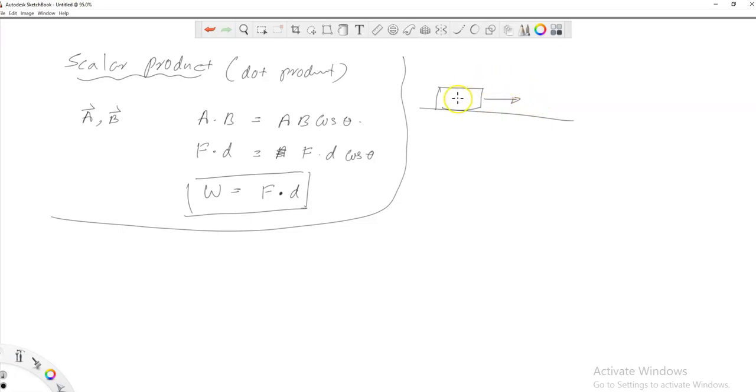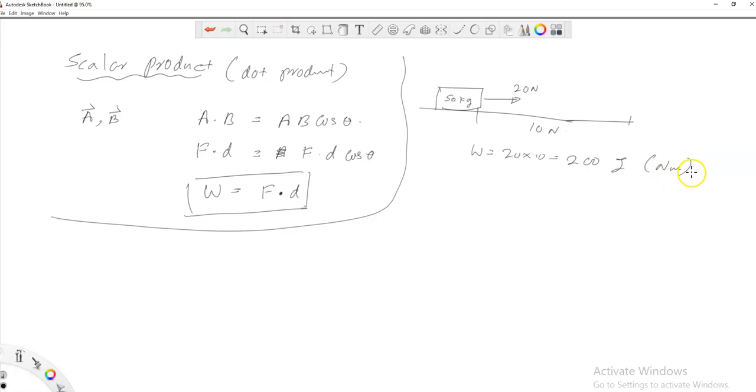Let's say this is a 50 kilogram box. You apply a force of 20 newtons and move it a distance of, I think what I gave you was 10 meters, right? So again, let's assume there's no friction, so it doesn't matter what the mass of the box is. This can be 5,000 kilograms. Still, if you apply 20 newtons, you can move it, and the work you do is 20 times 10, which is equal to 200 joules or newton meters.